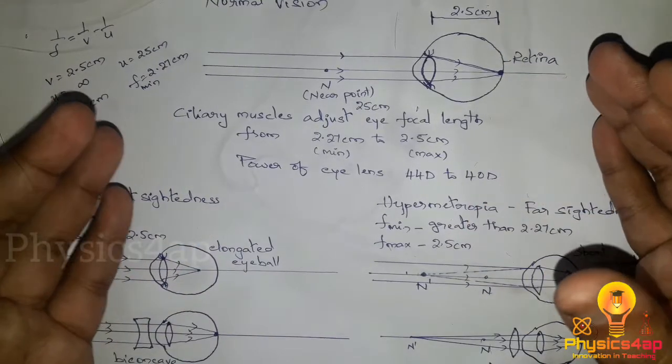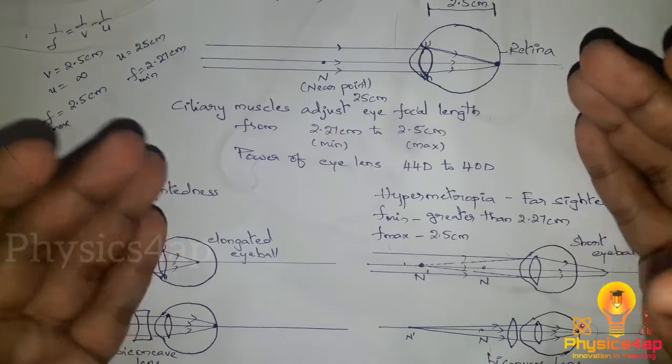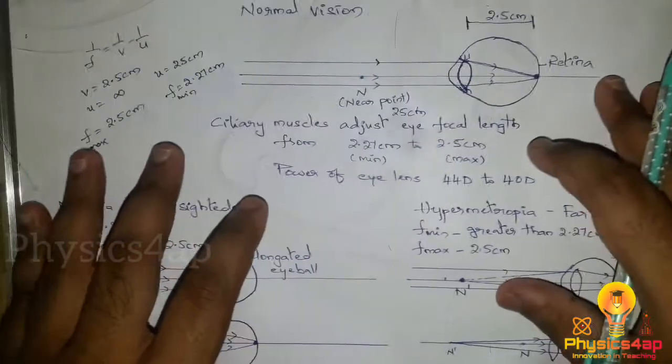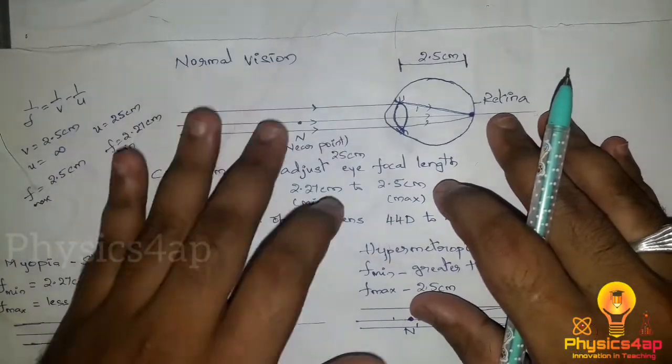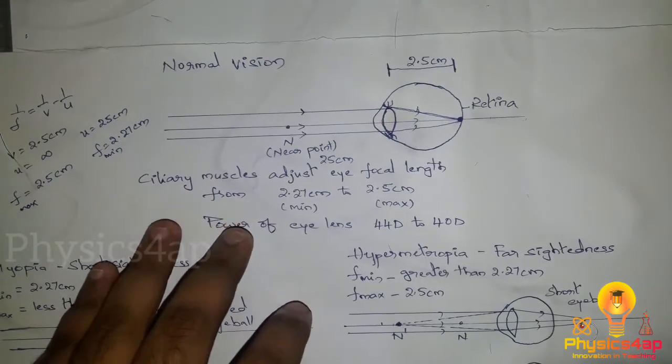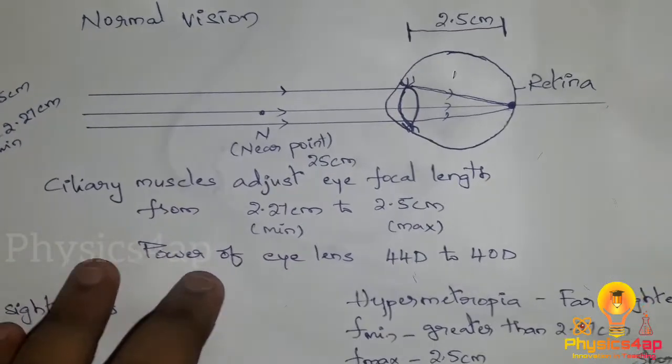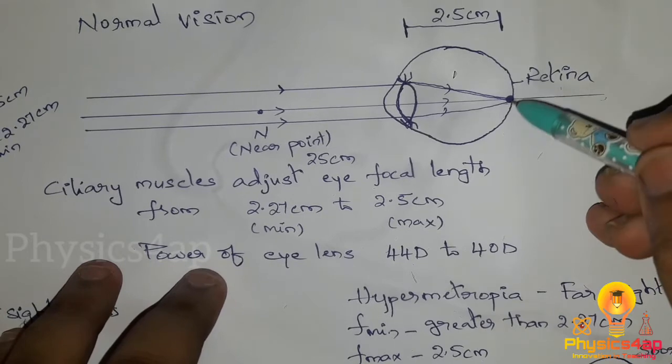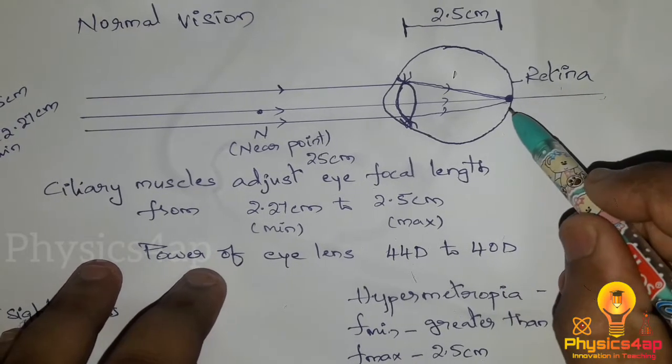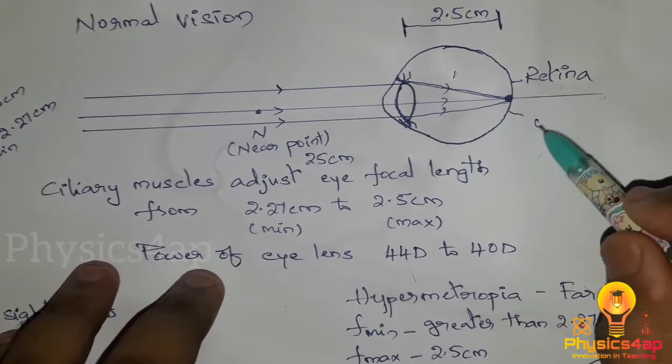Let us see some important facts about the defects of the eye. Here we have a ray diagram for normal vision. For normal vision, the image falls upon the retina, and we have rods and cones, which are the optical nerves.